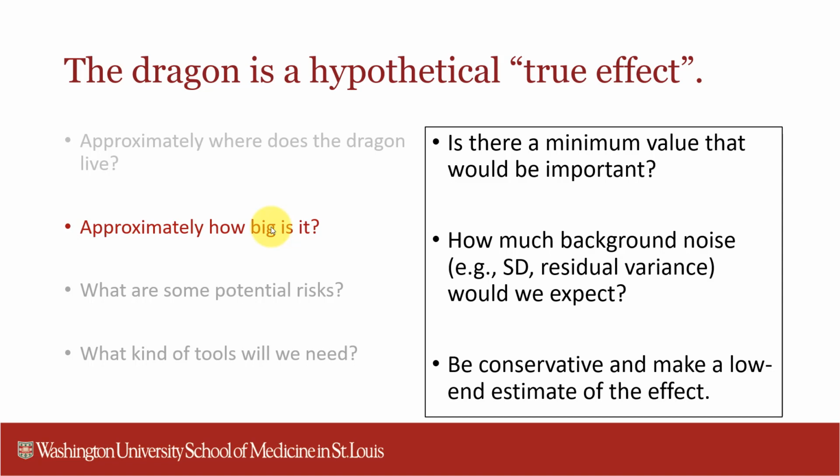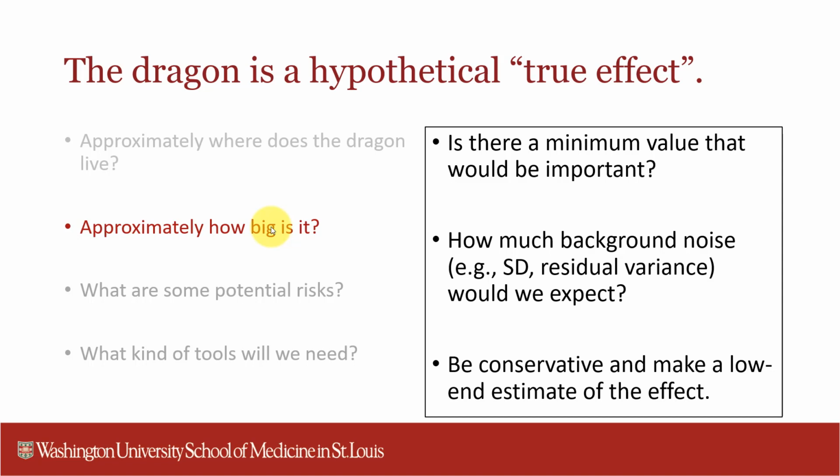Alternatively, if I'm doing some kind of sports supplementation study and I want to see if something makes a person's VO2 max go up, if it only increases by 0.5 points, even if it does that very reliably, that's not a really meaningful change in VO2 max. So maybe I want to make sure that it's going to change by at least 2 points. And if it changes by 2 points, then I think that that's worthwhile.